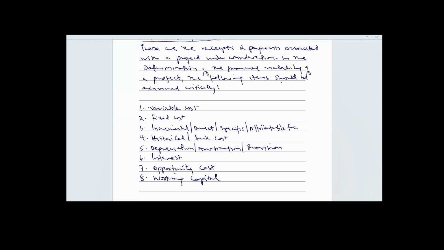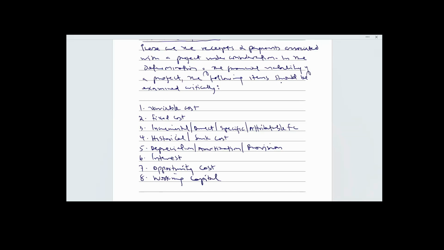Also feasibility study cost. When you see such a cost in the question, you should know that they are not relevant. Historical costs are irrelevant costs and should be ignored.